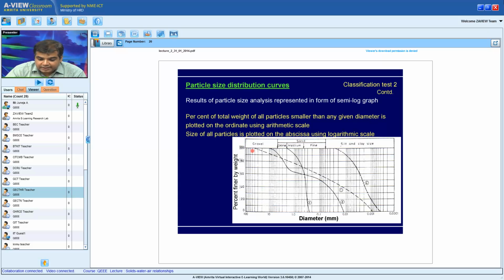On the vertical axis, the ordinate, you see percent finer, determined by weight. If I move across from 80, it means 80% of the particles are finer, lying below this curve.